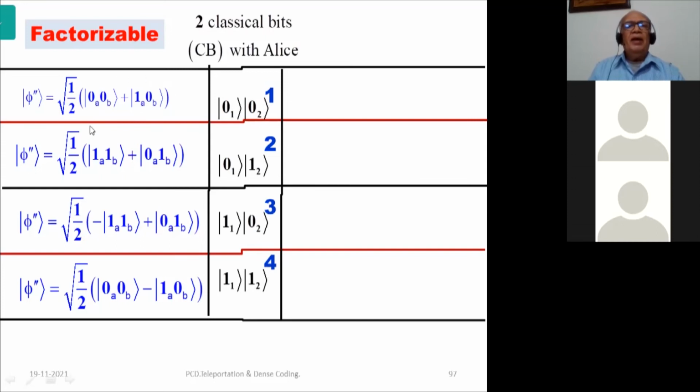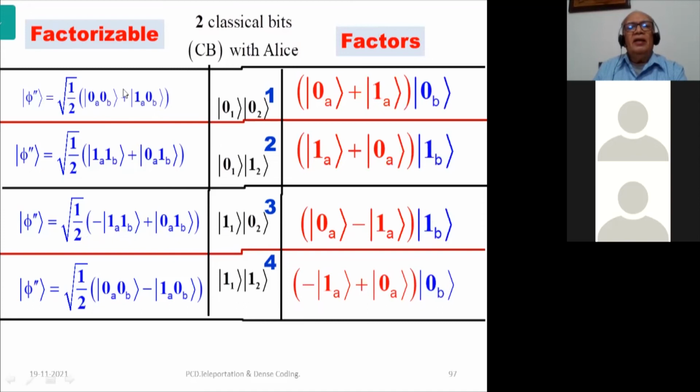But then these are factorizable, and let us write those factors. What are those factors? This 2-qubit vector is a tensor product, a direct product of this with this. So this is the original qubit which Bob had. This is the qubit.